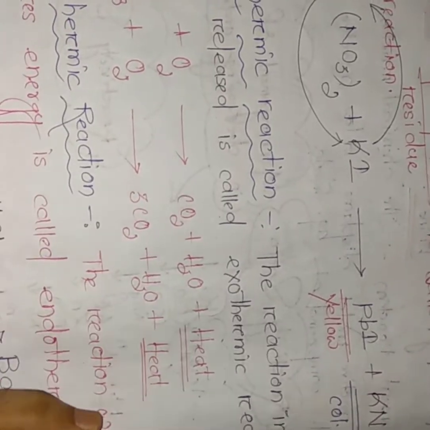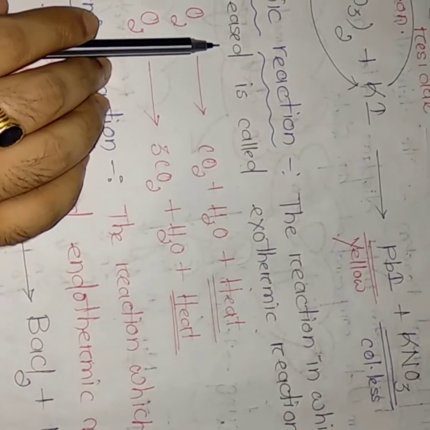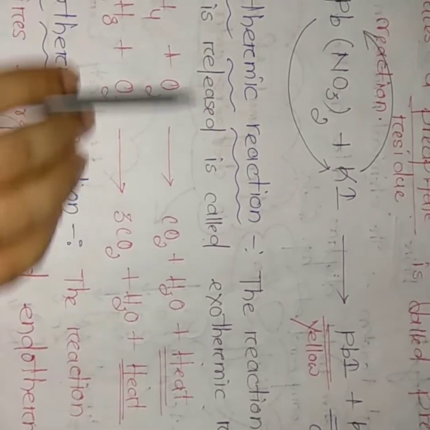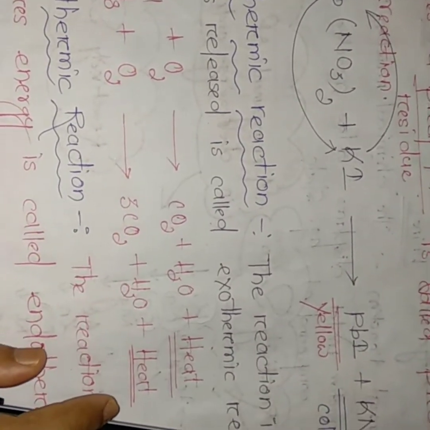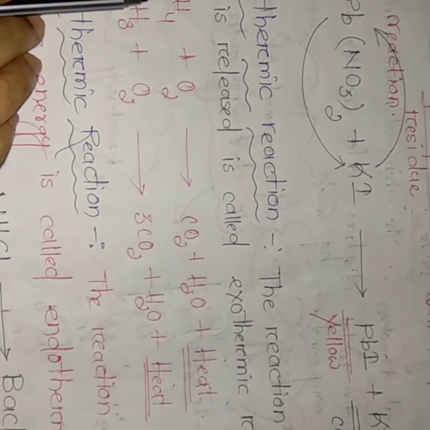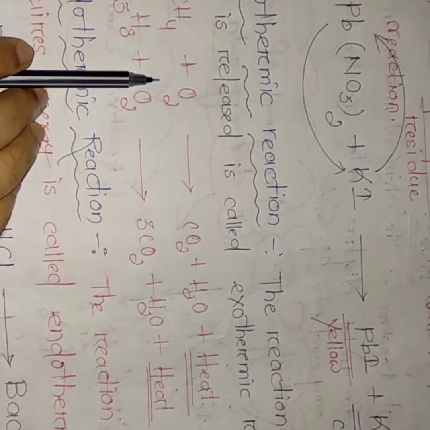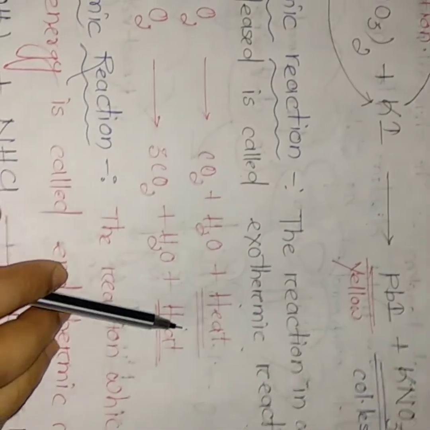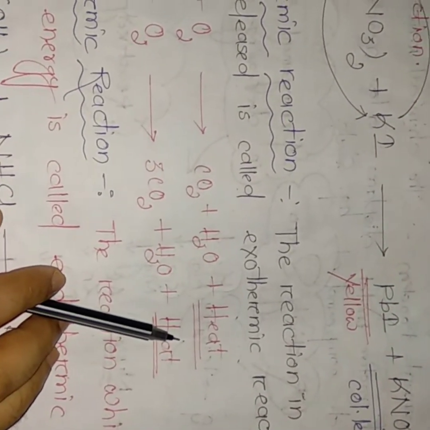Then come to exothermic reaction. The reaction in which heat is released. Exo means exit. So in this reaction heat is released. It is called exothermic reaction. Methane combines with oxygen. It gives you carbon dioxide, water and heat. This is exothermic reaction.